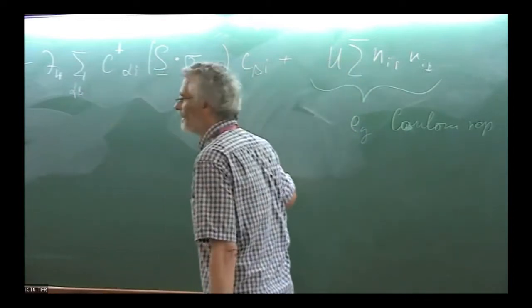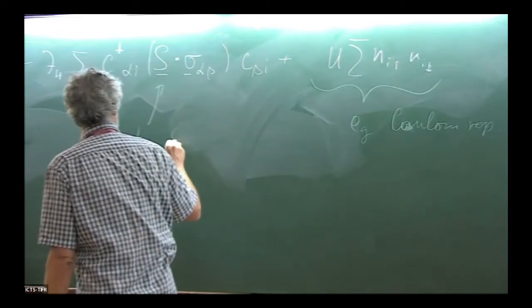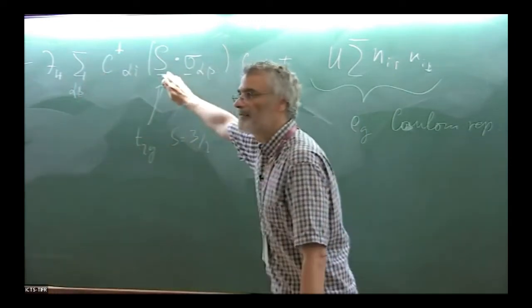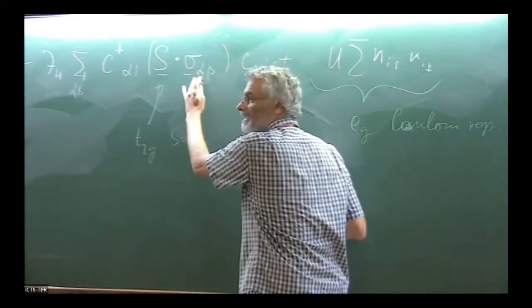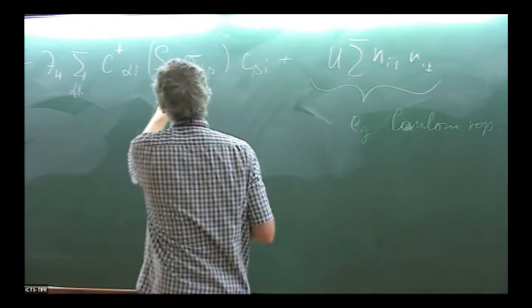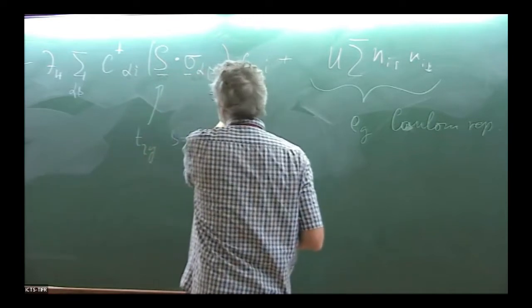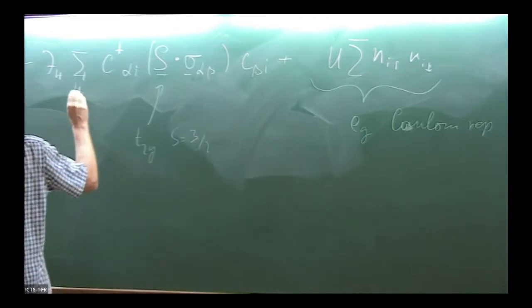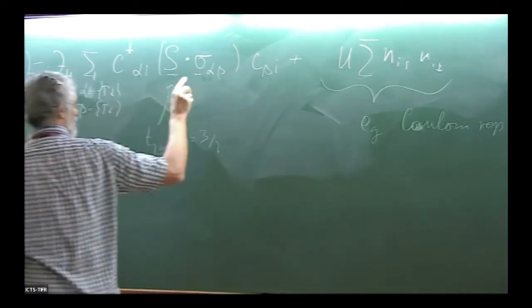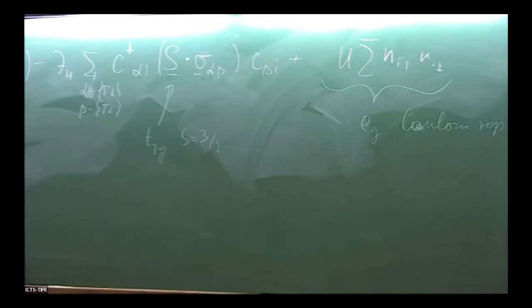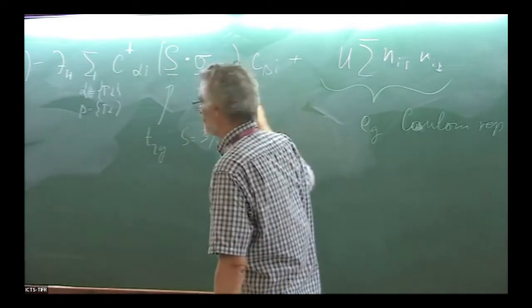This part describes the Hund's rule between the T2G S equal 3/2 spins that we treat as localized, times the spin of the itinerant electrons, which is nothing else but C dagger alpha times the Pauli matrix sigma alpha beta times C beta. The alpha index goes over the up-down spin, and the beta is also going up-down spin of the Eg orbitals.